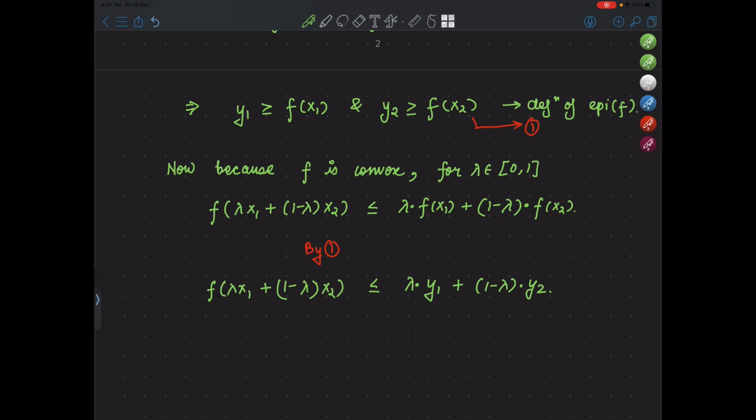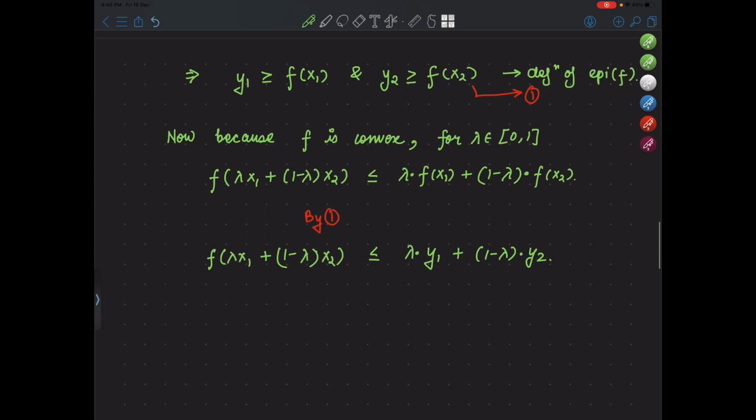Now, by this statement, we can say that the point (lambda x1 plus (1 minus lambda) x2, lambda y1 plus (1 minus lambda) y2) belongs to the epigraph of f for all lambda belonging to 0 comma 1.